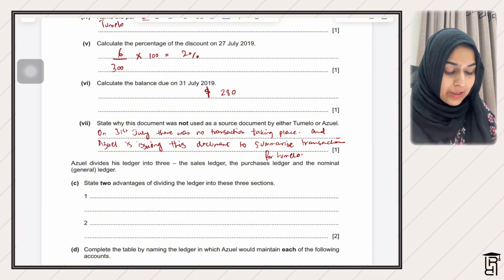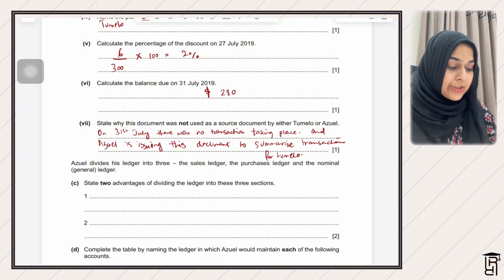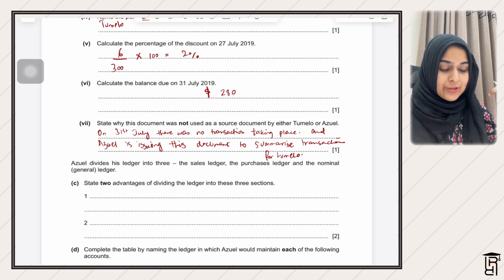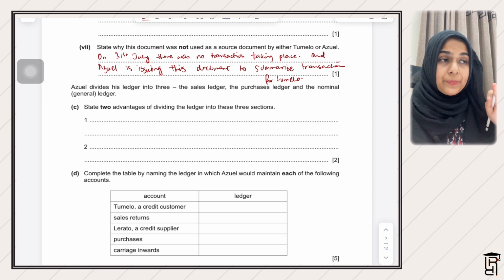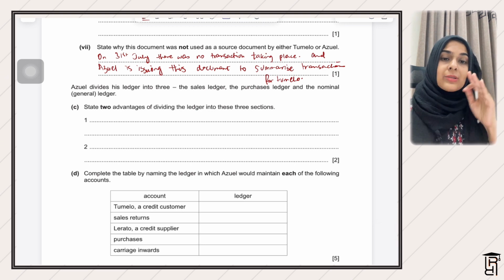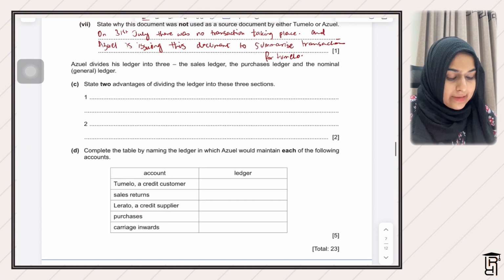Then they're saying as well divides his ledger into three: the sales ledger, the purchases ledger, and the nominal ledger. So they are saying here there are three ledgers. You guys know that already, that ledger is divided into subdivisions. So there is one subdivision, it's called sales ledger.